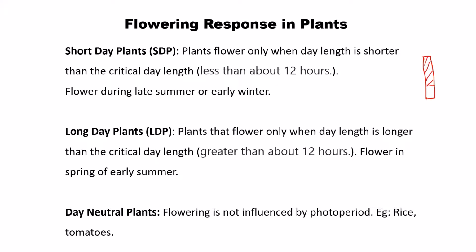They need a long night for flowering. They flower during late summer or early winter. At that time night length is longer as compared to day, and short day plants can flower then.